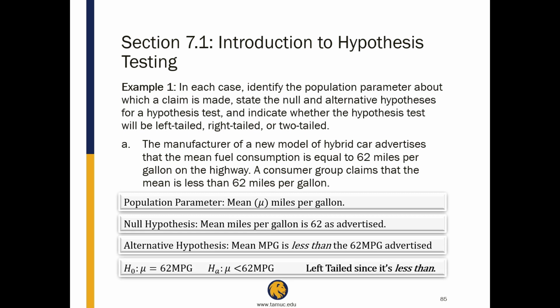So in the terminology that we're going to use, we're going to write it like this: denote H sub 0 as mu equal to 62 mpg. Alternative hypothesis H sub a is mu less than 62 mpg. Since the alternative hypothesis is a claim about it being less than, we call it left-tailed.